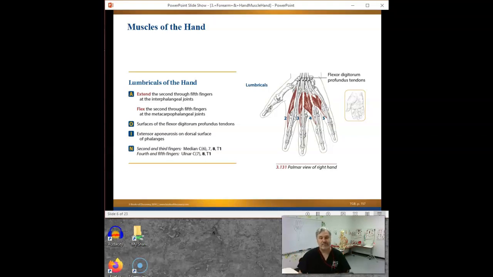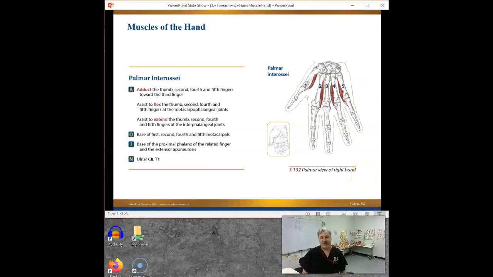Remember your intercostals? You guys remember your intercostals, the rib meat? Remember how you had interior and exterior intercostals? They were both between your ribs, going in opposite directions. We just call them intercostals, but there are exterior and interior intercostals, just like there are internal and external obliques. Your interossei are very much like that.